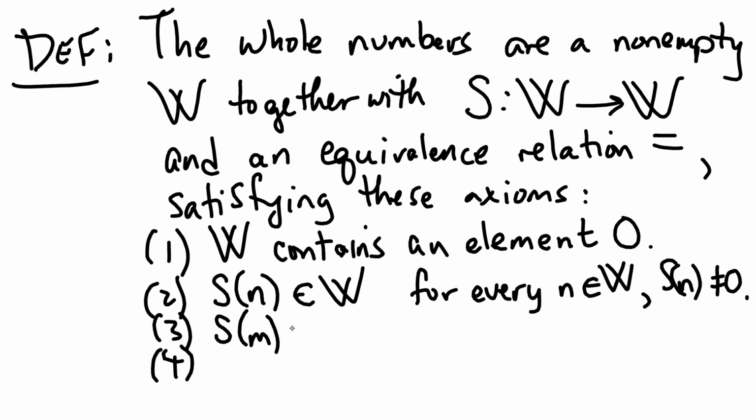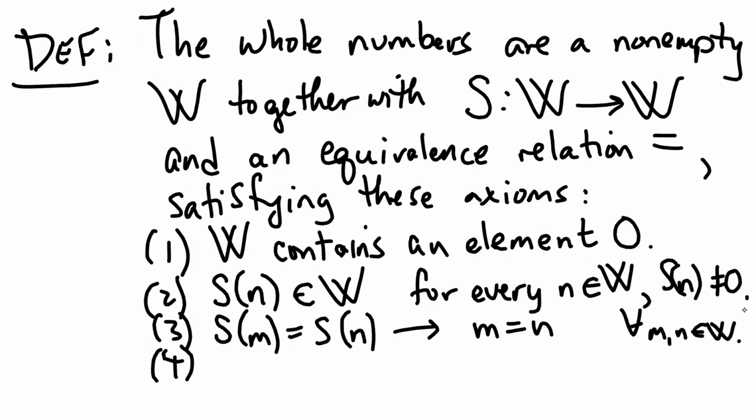If S of m equals S of n, then m equals n for all m and n in the whole numbers. Two different inputs imply two different outputs. The same output implies the same input. And then 4.